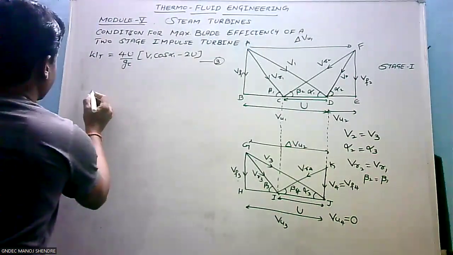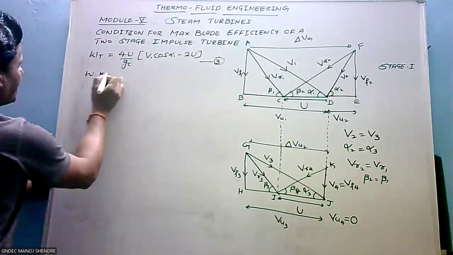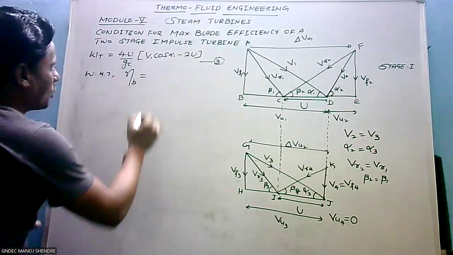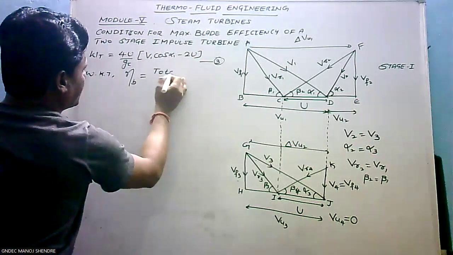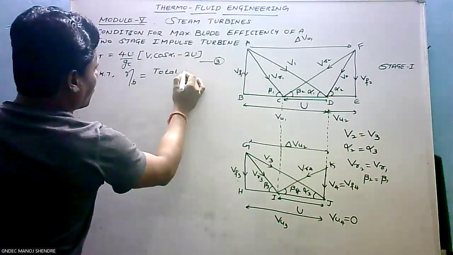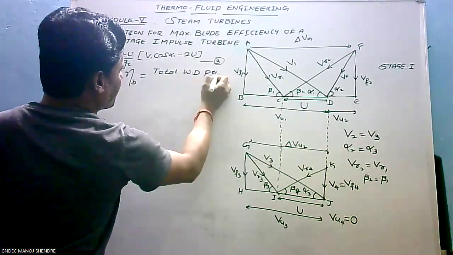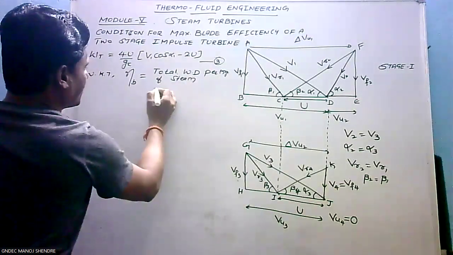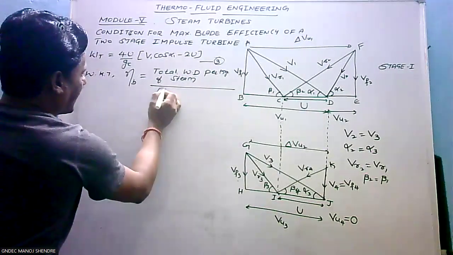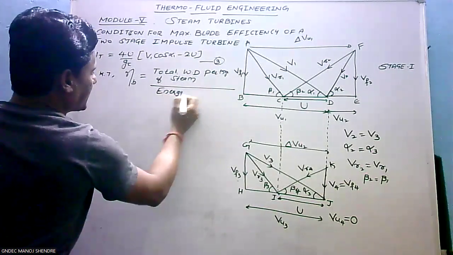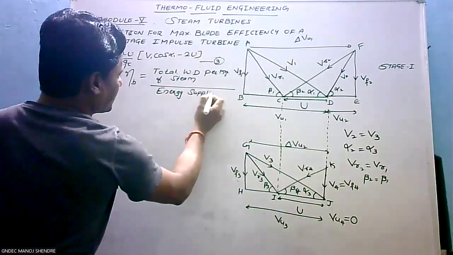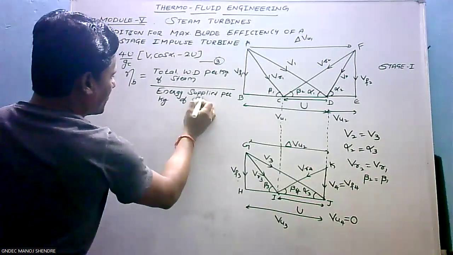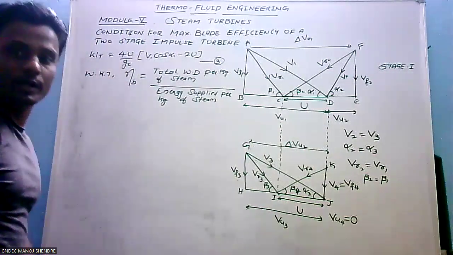So blade efficiency eta B is the total work done per kg of steam divided by the energy supplied per kg of steam.